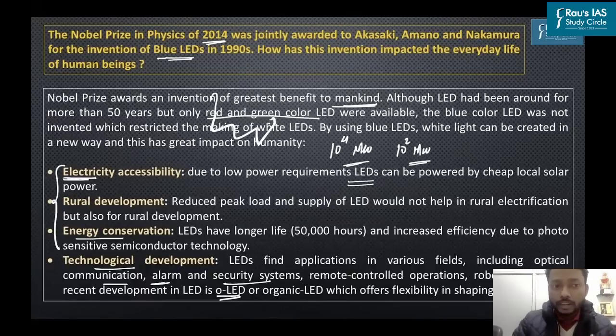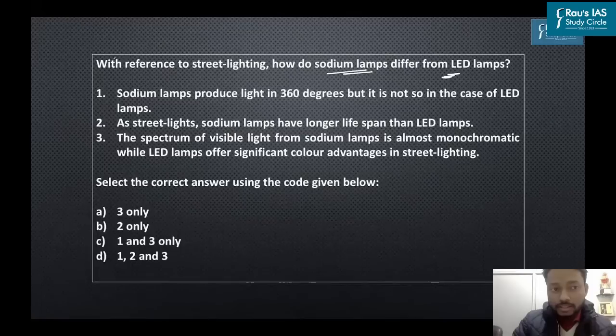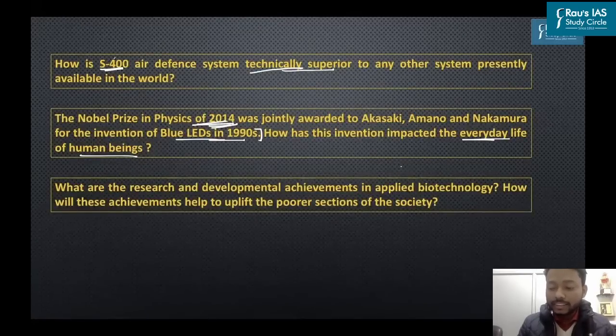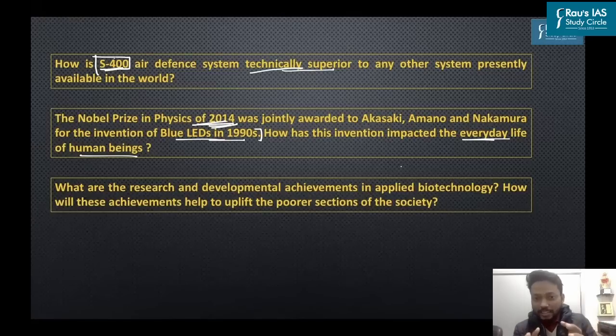If you have written mains, you must have read about this topic, and you must have had sufficient content to cover 150 words. And if you did not know the exact technical parameters, which is not expected as such, you should have done a qualitative analysis as to what a missile defense system does, and based on that, why it is superior to other missile defense systems.